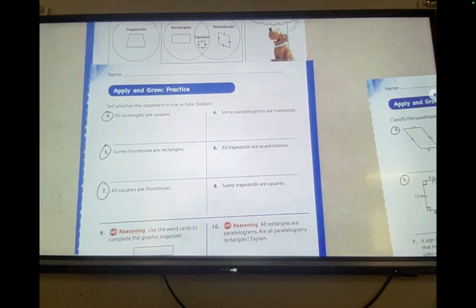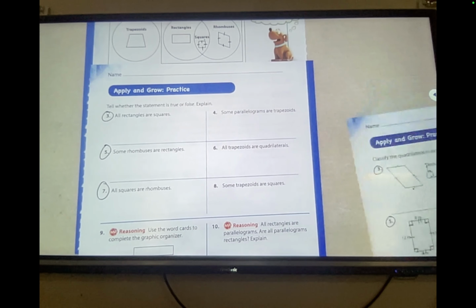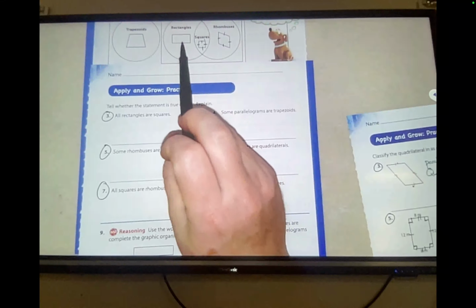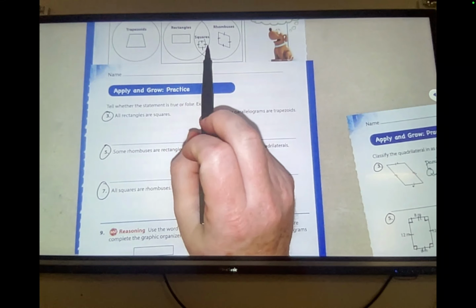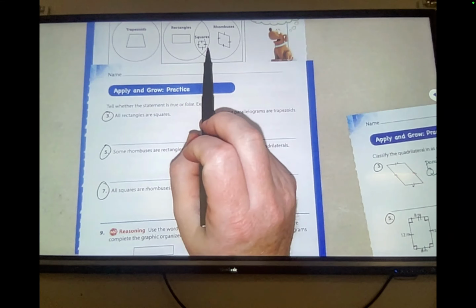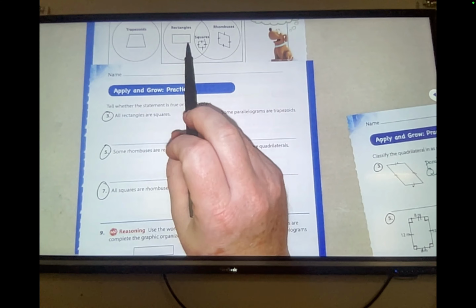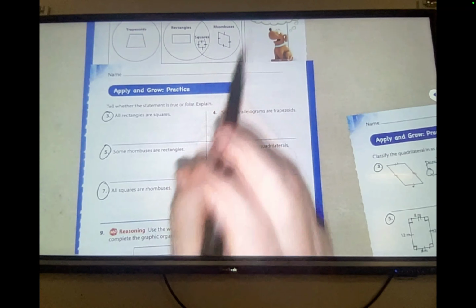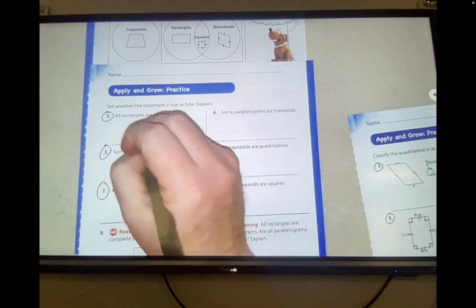All right, so looking at the first one, it says all rectangles are squares. Are all rectangles squares? No, because some rectangles can just be rectangles and not a square. So we're going to say false.